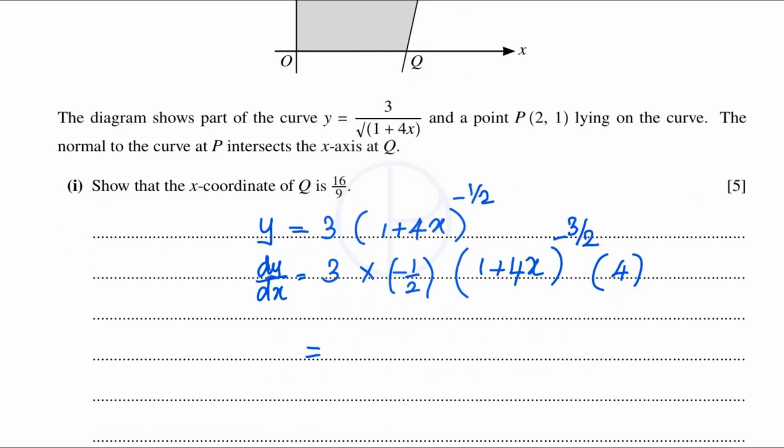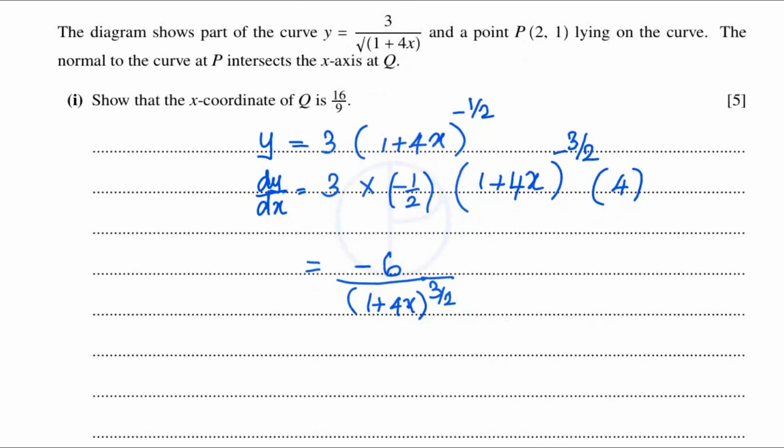So this can be written as 3 multiplied by negative 1 over 2 multiplied by 4, which is negative 6, multiplied by (1 plus 4x) power negative 3 over 2, which can be written as minus 6 divided by (1 plus 4x) power 3 over 2.